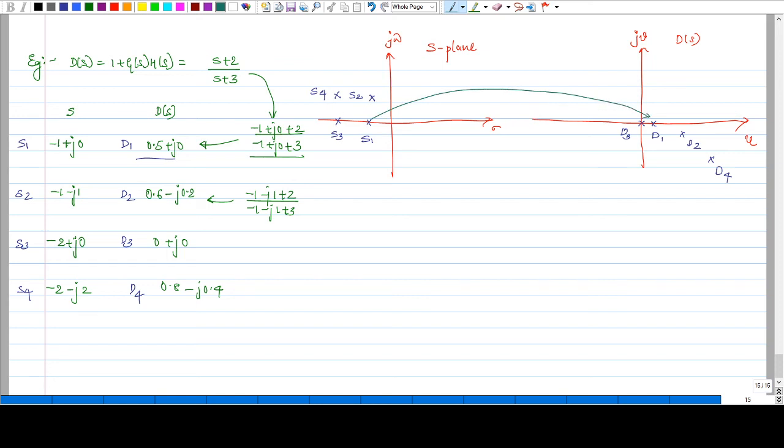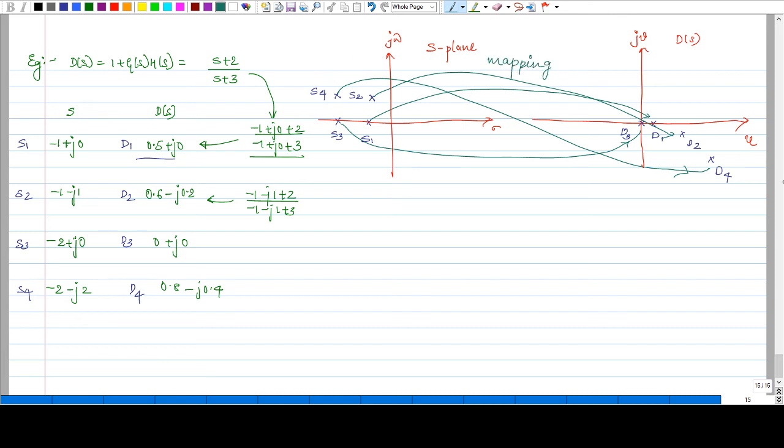Similarly, for S2, there is one unique point D2. For S3, there is one unique point D3. And for S4, there is one unique point D4. So this process is called mapping.